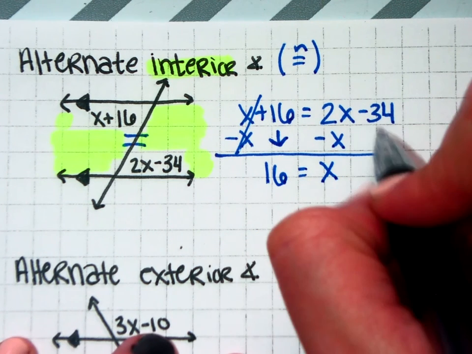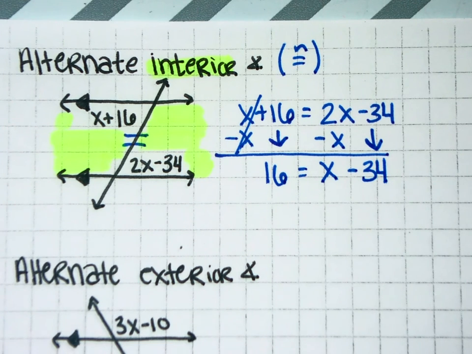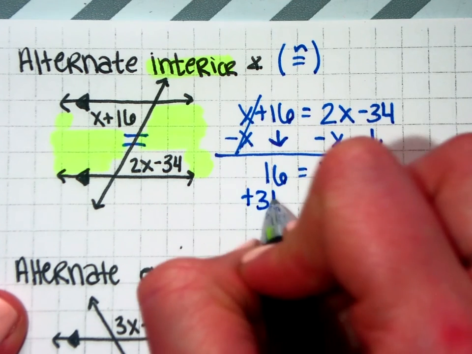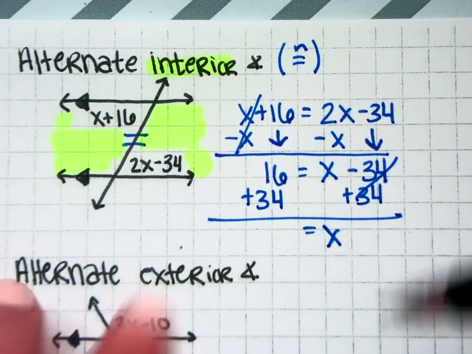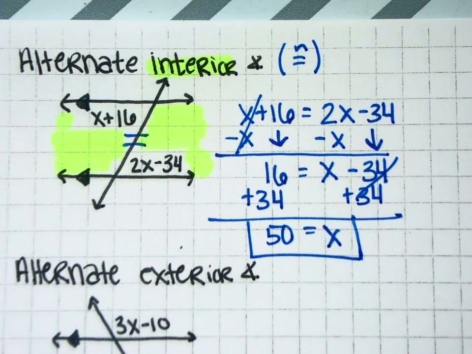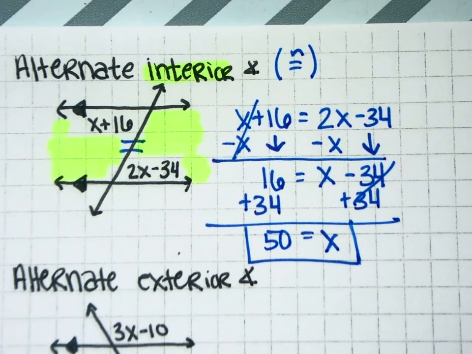It's just not proper notation. I'm going to bring down that negative 34. Again, our goal is to isolate x, so I'm going to add 34 to both sides. 16 plus 34 is 50. So my x value is 50. Again, alternate interior angles are congruent to each other, so set it equal.